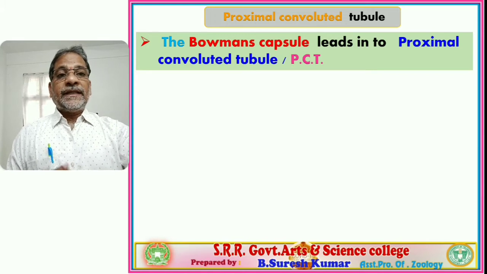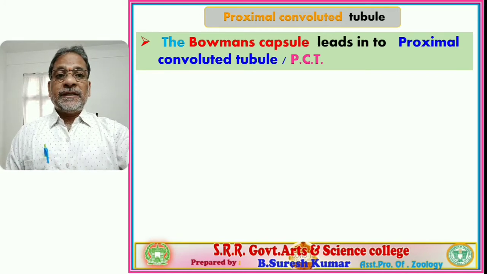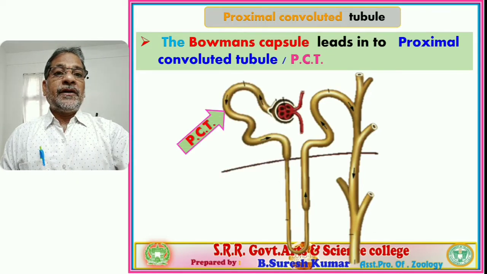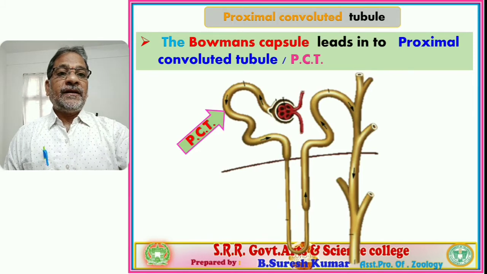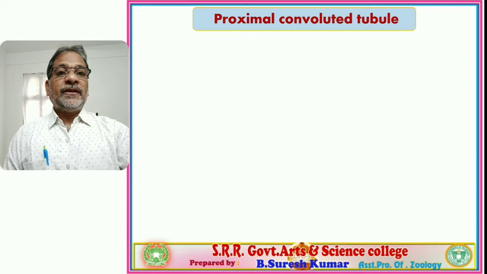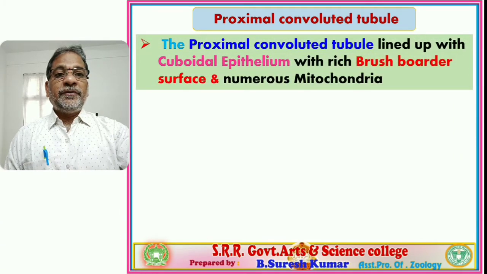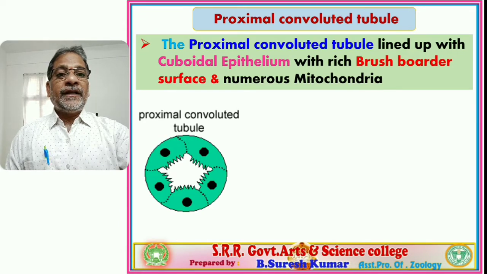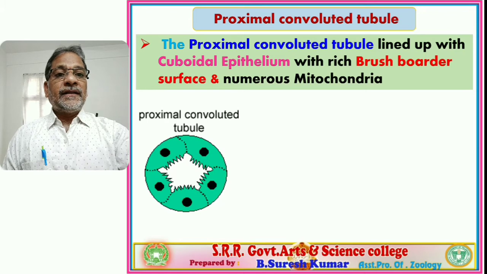The Bowman's capsule leads into the proximal convoluted tubule, abbreviated as PCT. It is a short coiled tubular structure that lies in the cortex region. The proximal convoluted tubule is lined with cuboidal epithelium. You verify the lumen of the PCT and the cells are cuboidal epithelial cells.